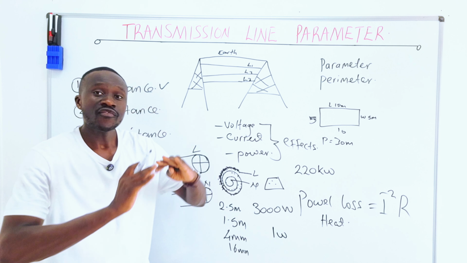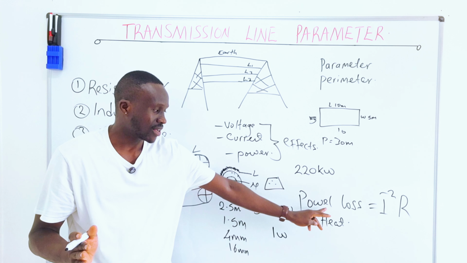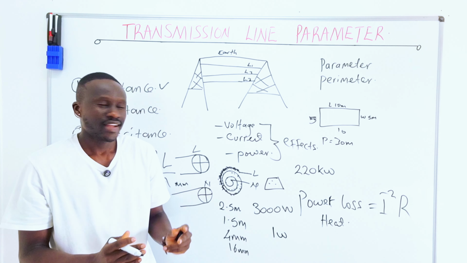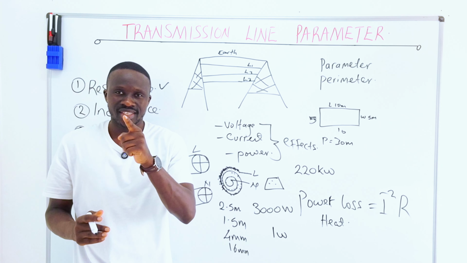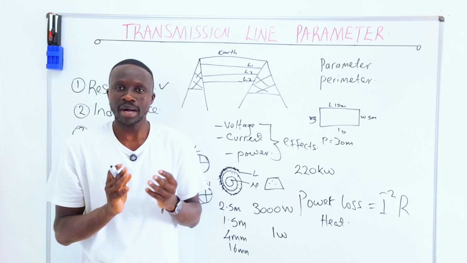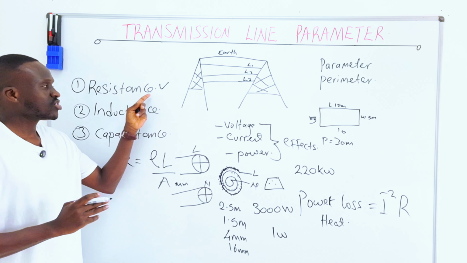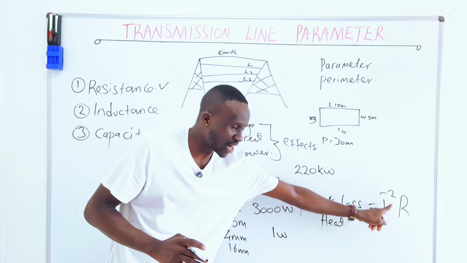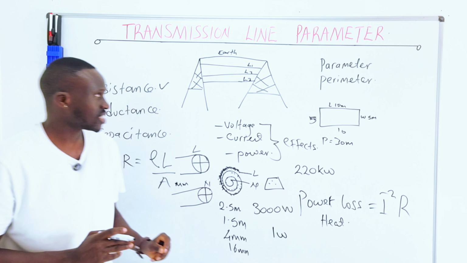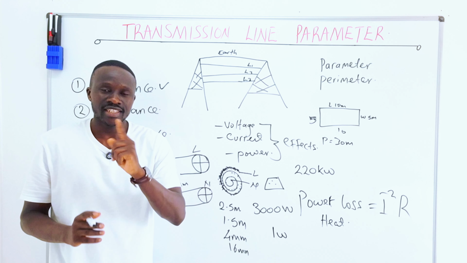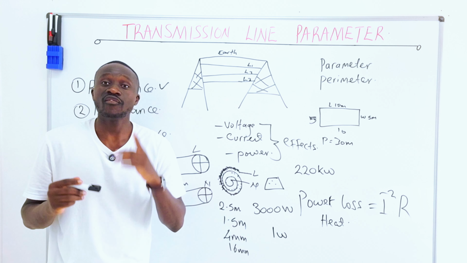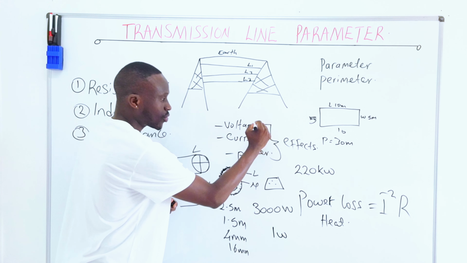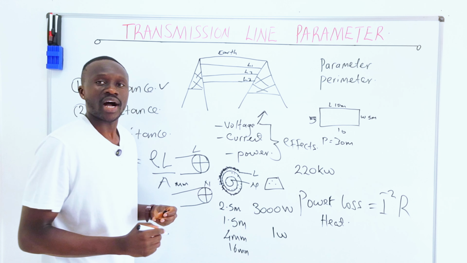Now, if you want to save your power, we shall increase the voltage. Engineers came up that to fight this resistance, which makes our power loss, current squared times resistance, they decided to increase the voltage to high voltages.